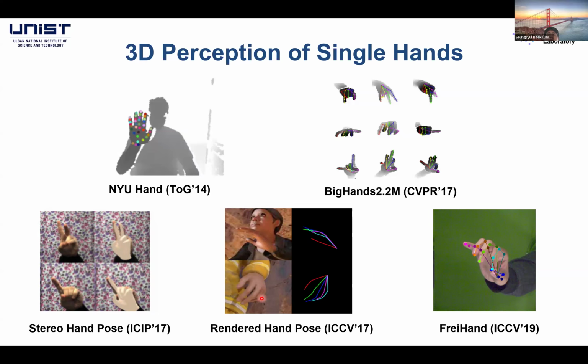And especially in this domain, we are assuming that hand detection is completely done. So we are using ground truth bounding boxes. We do pre-processing before doing this 3D hand pose estimation. Okay. Because of that, their performance is becoming saturated.